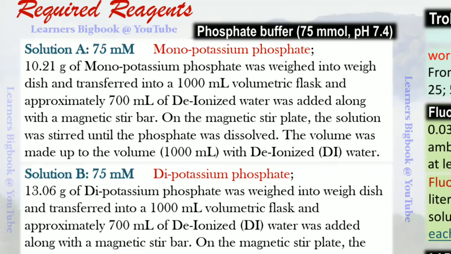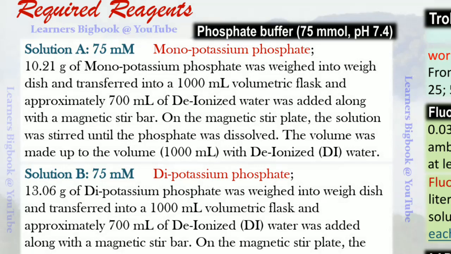Here first we have to prepare potassium phosphate, of which 10.21 grams of monopotassium phosphate will be dissolved in 700 ml of deionized water in a 1000 ml volumetric flask, and after dissolving it completely, we are going to make up the volume to 1000 ml.